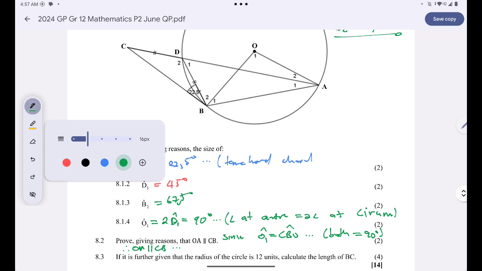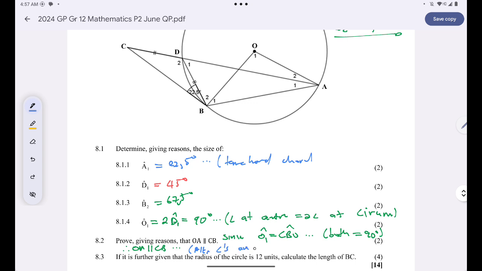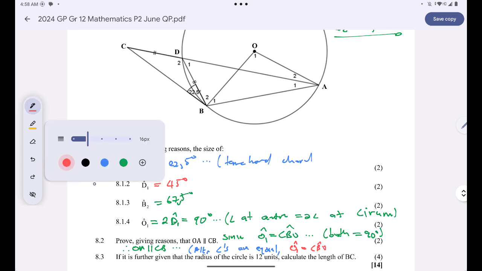The reason I can just say is because the alternating angles are equal. And I need to write those angles. I'm talking about angle O1, which I'm saying is equal to angle CBO. That's how we've answered the question.